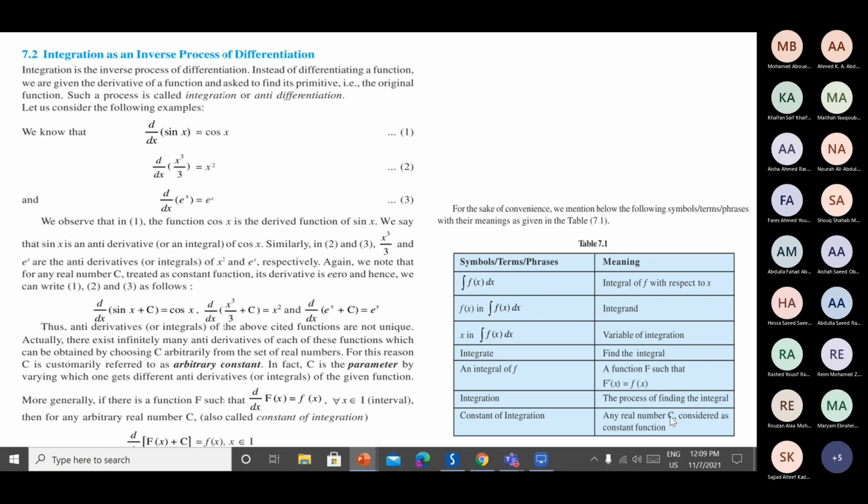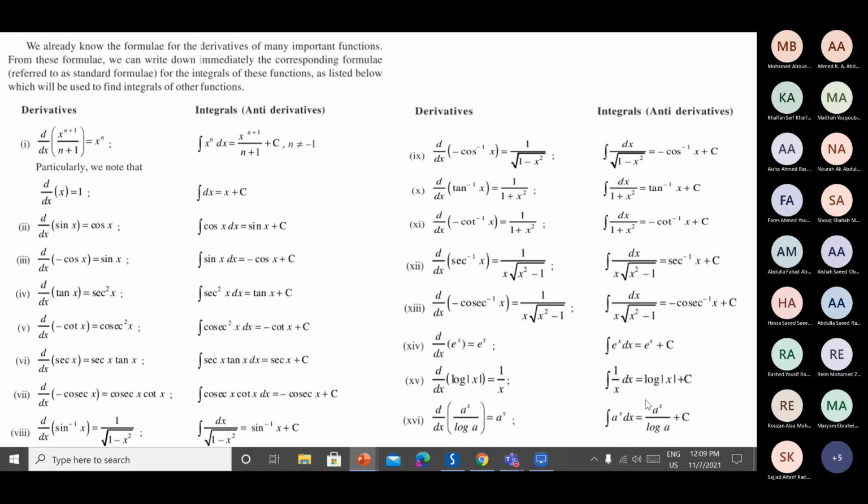Okay. Now, yes, I remember this table from the previous part, which was the differentiation calculus. We know the derivative of x to the n plus 1 over n plus 1. I get the power down, so it will be cancelled with the n plus 1. So I'm subtracting 1 from n plus 1, so the derivative of this one is x to the n.